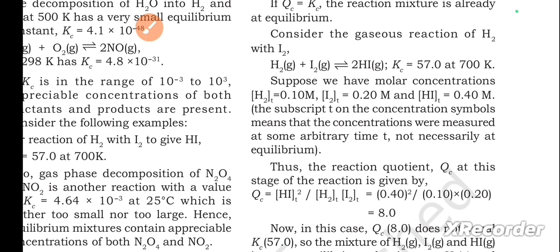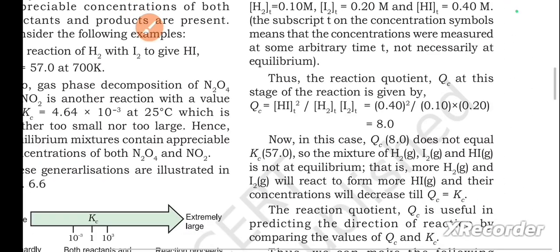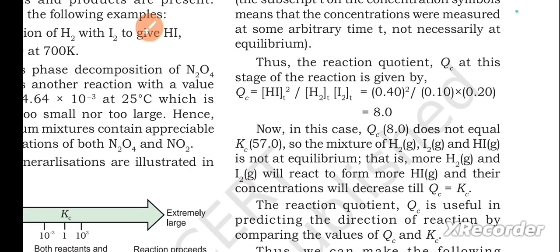The subscript t on the concentration symbols means that the concentrations were measured at some arbitrary time t, not necessarily at equilibrium. Thus, the reaction quotient Qc at this stage of the reaction is given by this, Qc equals 8.0. Now, in this case, Qc does not equal Kc. So, the mixture of H2, I2 and HI is not at equilibrium.